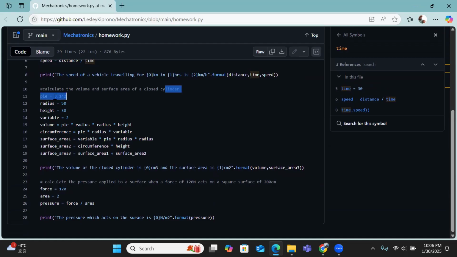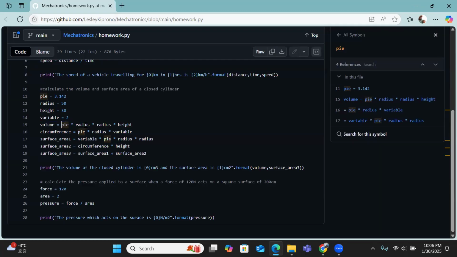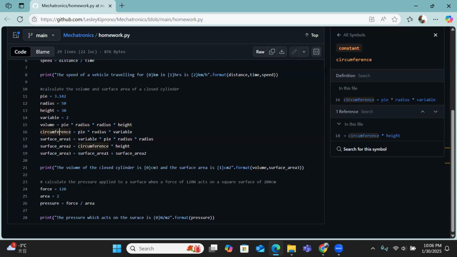Sorry, you have the value of pi. It is normally just pi. This is okay, but normally pi. Then 3.142, radius, and then volume is pi r squared times height. Then circumference is 2 pi r.